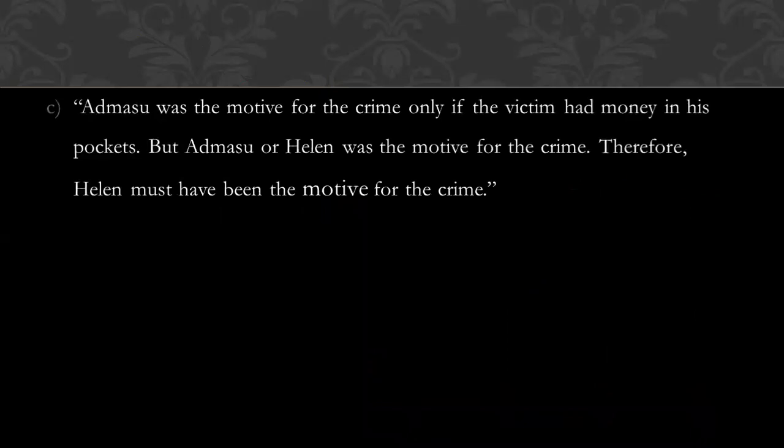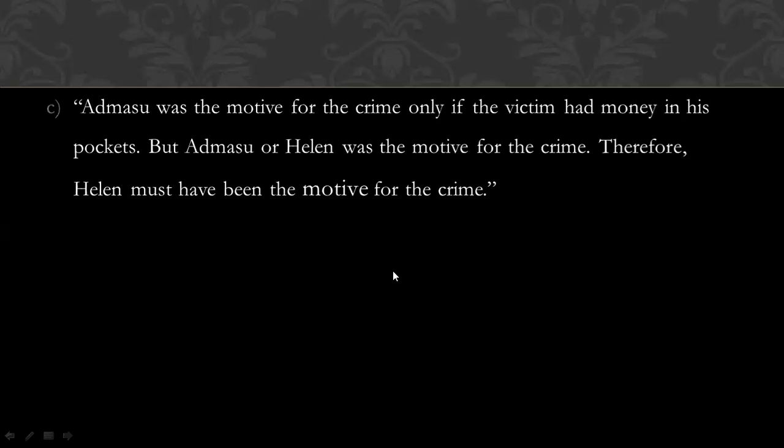Okay, the third and last one is statement 4, when it says Admas was the motive for the crime only if the victim had money in his pockets. That is the first premise. But Admas or Helen was the motive for the crime.